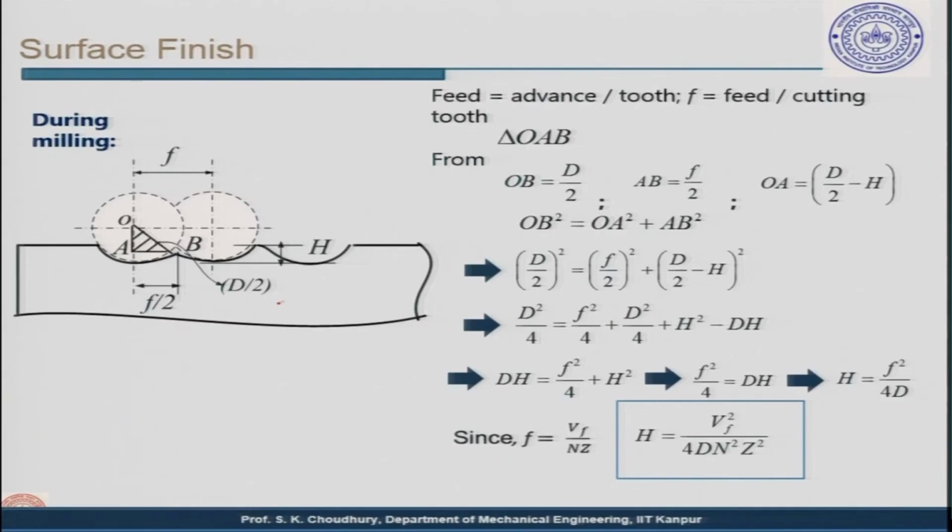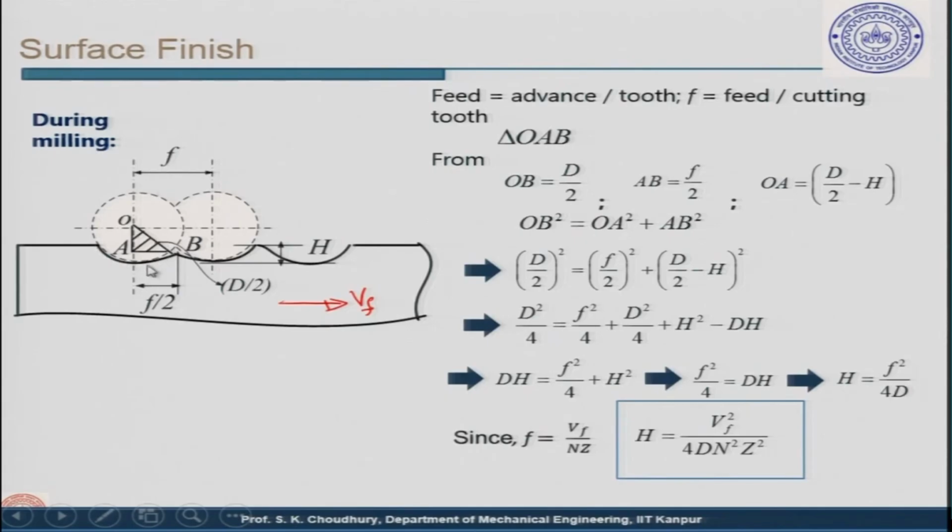Let us say the workpiece has the feed movement, which is Vf, the feed velocity. So, if the milling cutter is in one position, because of the feed movement given to the workpiece, these are the two positions we are considering.